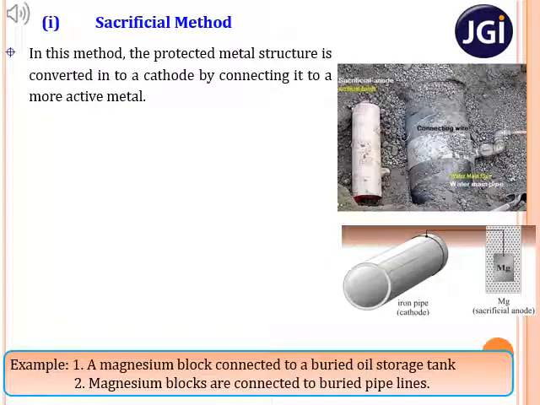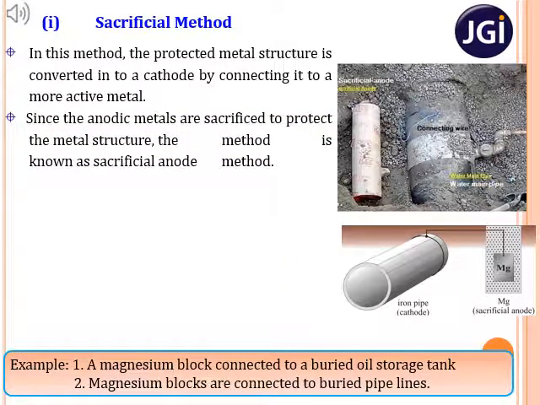To protect this iron tank, an anodic metal like magnesium is connected to iron tank. Since magnesium is more active in donating the electrons than iron, iron receives electrons from magnesium and hence iron tank remains cathodic and hence it will not undergo corrosion.